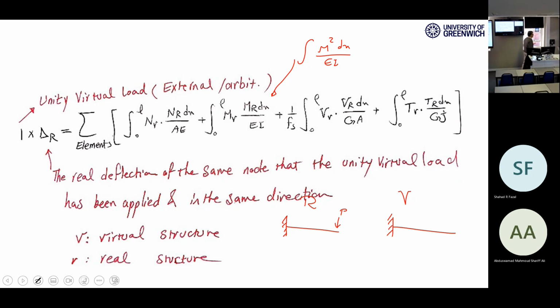Castigliano's theorem. So, the right-hand side is really easy to do because, first of all, we don't have any torsion. Forget about this. Torsion is for some particular 3D structures. For now, we can neglect the shear force because we are going to do it in our coursework.